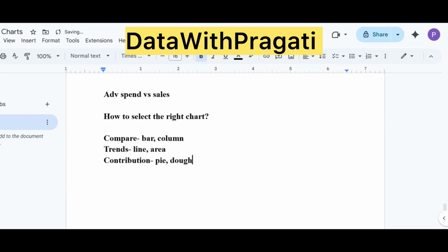Example: market share analysis. If you want to show relationships, then use a scatter plot or bubble chart. Example: marketing spend versus sales.